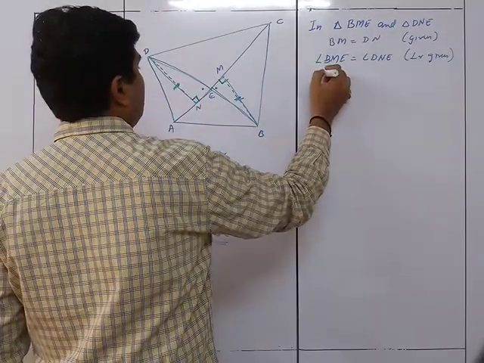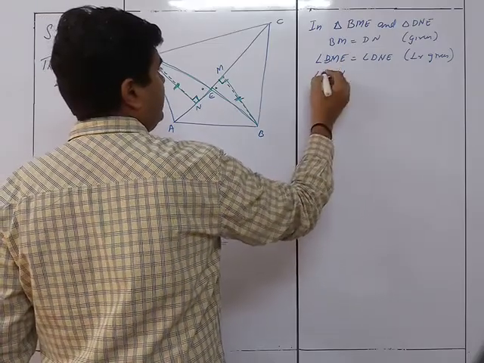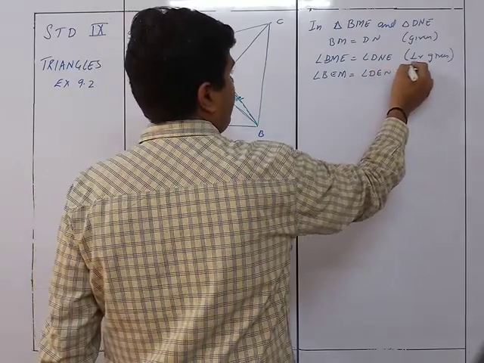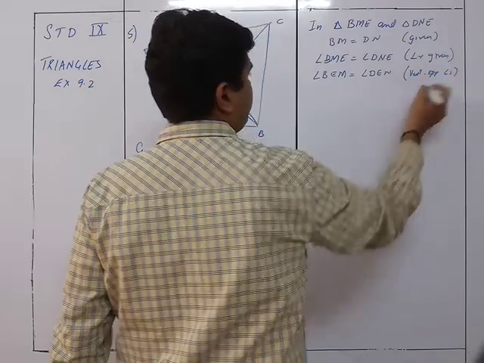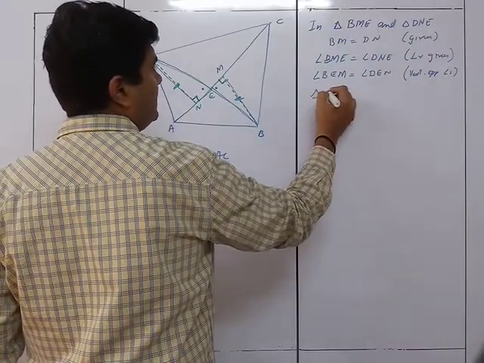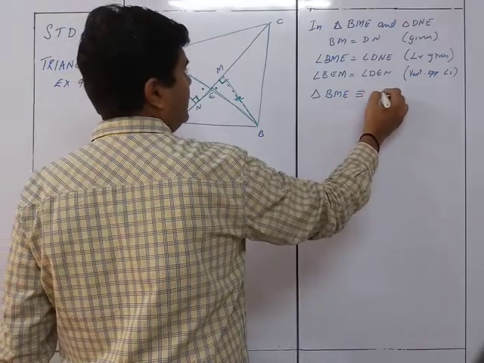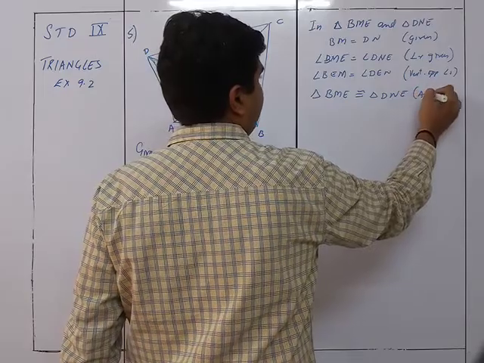And angle BEM is equal to angle DEN, vertically opposite angles. So that gives me triangle BME is congruent to triangle DNE by AAS test.